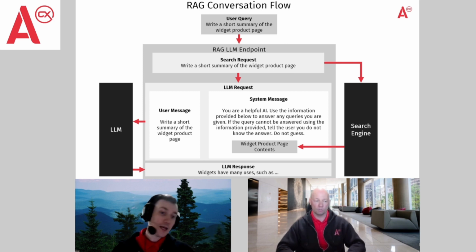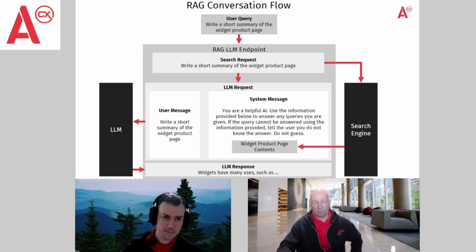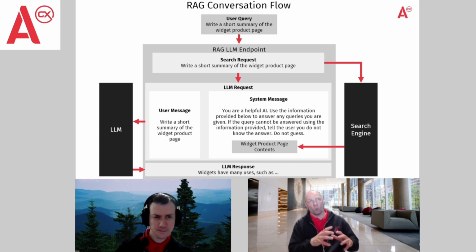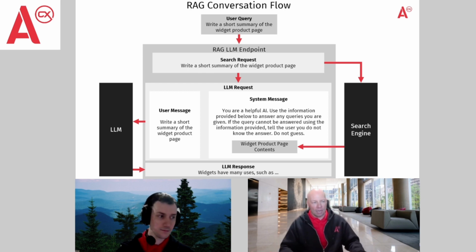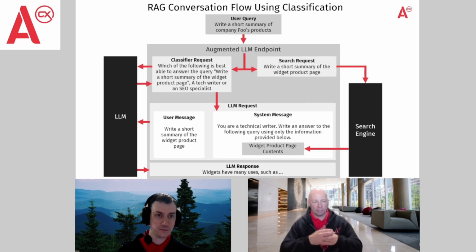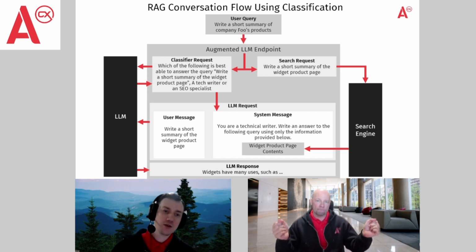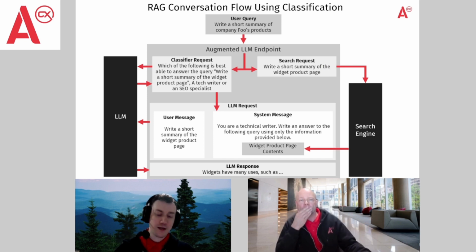Okay, yeah, makes sense. So if we want to use one system for a few different use cases, how can we differentiate the system prompts for different use cases? Yeah, so this is the challenge, right? You have all these different use cases, and you need to select the right prompt.